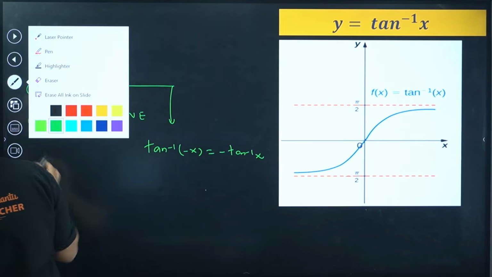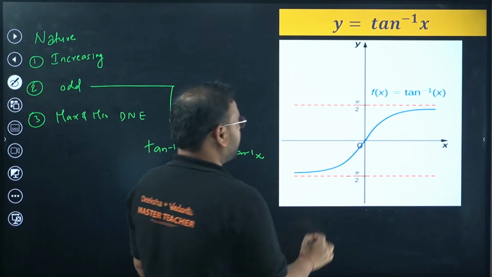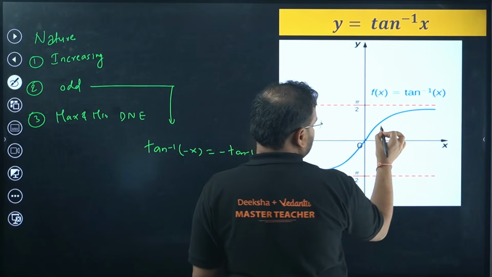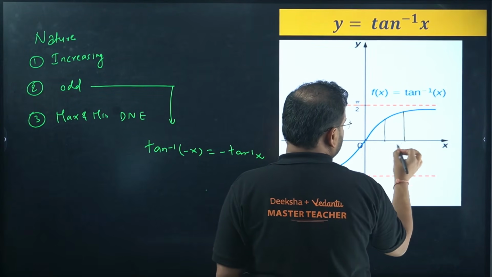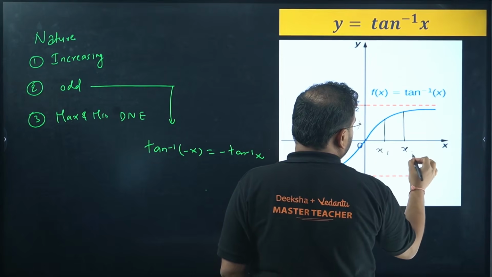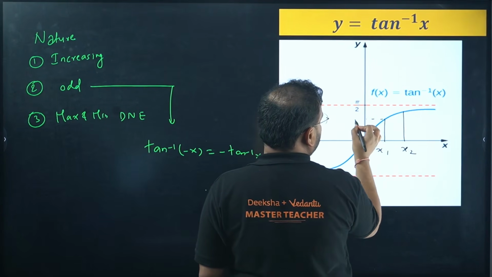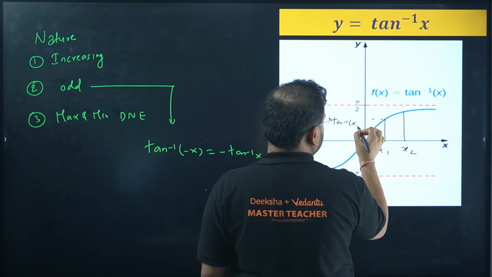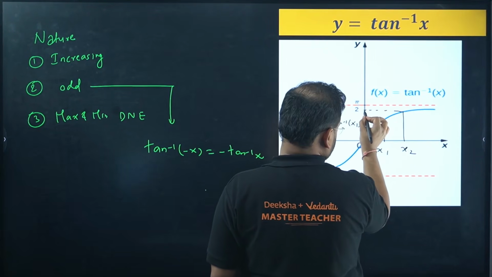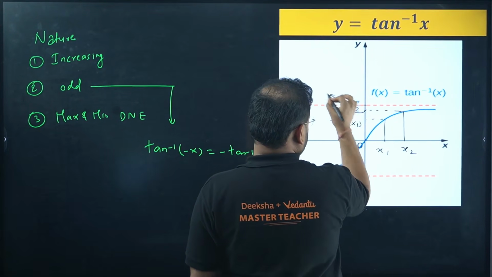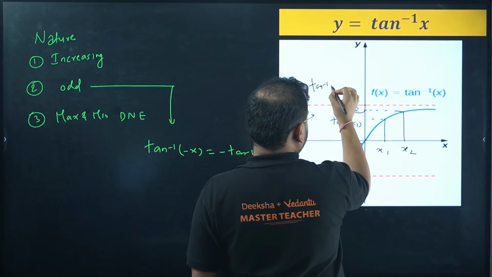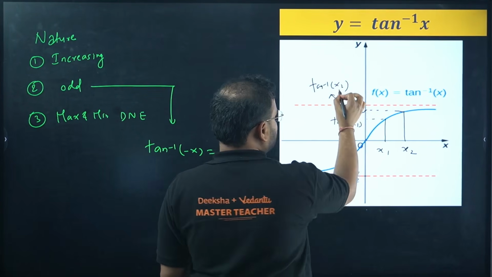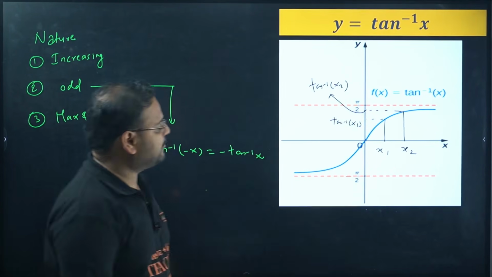What about the increasing function? That we can observe over here, of course. If I take two values, let's say x1 and x2, this represents tan inverse of x1, and this represents tan inverse of x2.